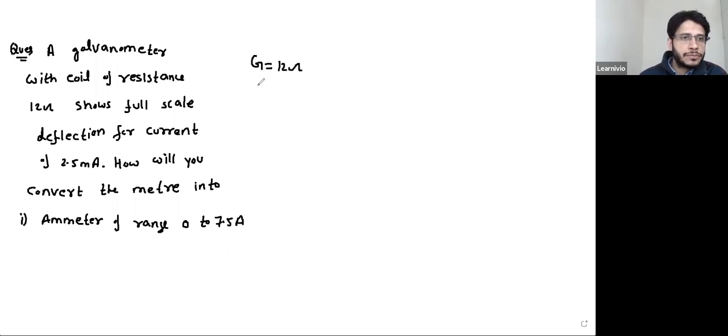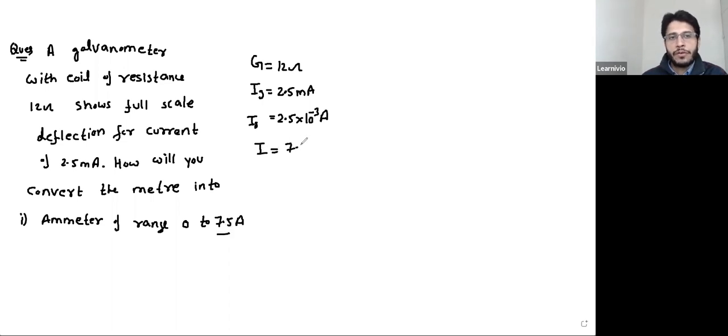Fatma, what's your answer? IG is 2.5 milliampere, means 2.5 into 10 raised to the power minus 3 ampere. That's your IG, current for full scale deflection. The range of the ammeter is this 7.5 ampere.